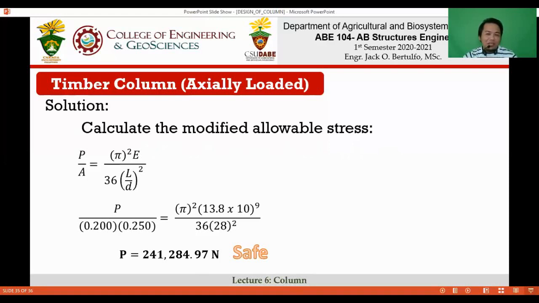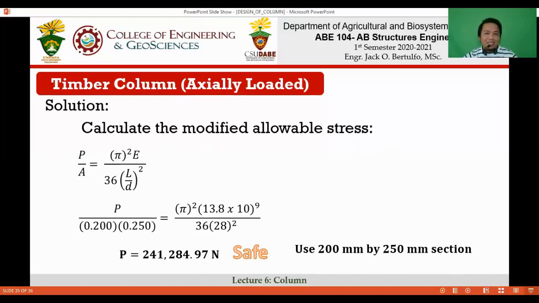I think it's good to practice. So what would be the best? It is safe, but the value is close. So with that, you can use the 200 mm by 250 mm cross section.